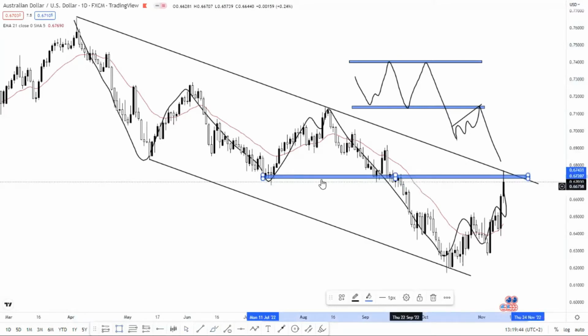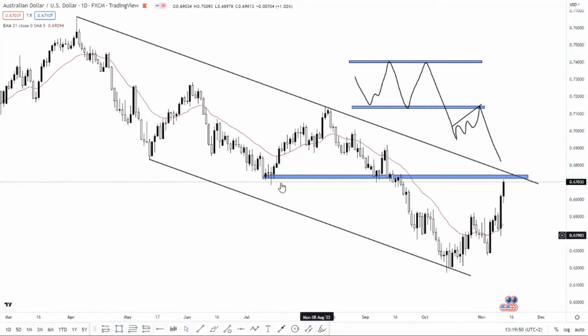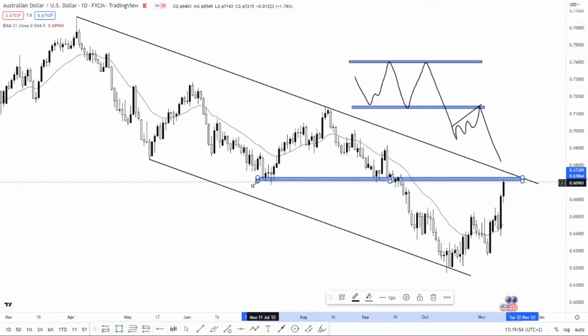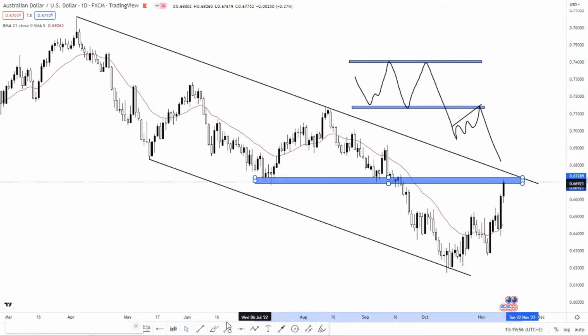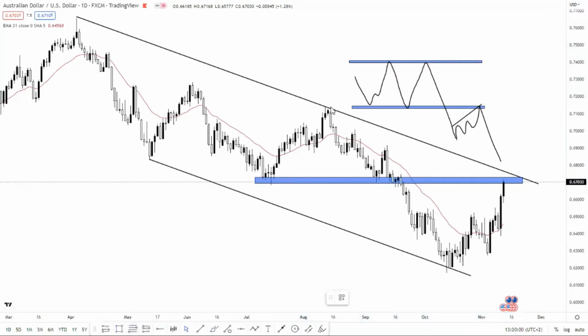Let me remove this line because it's disturbing us now. Okay, now everything's clear. So we have our support here, then this is our resistance.